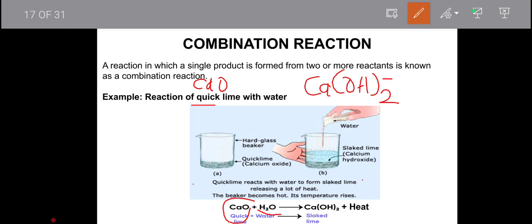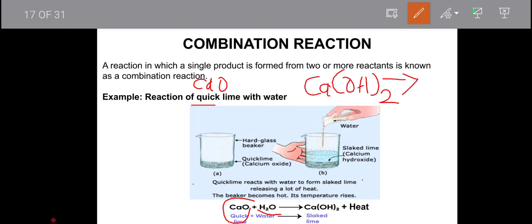This calcium hydroxide also has a common name. Calcium hydroxide is generally called slaked lime. So we can say that whenever quicklime is reacted with water, it will be forming slaked lime. Slaked lime chemically means calcium hydroxide. Along with that, heat is also evolved during this reaction. So this is how calcium oxide reacts with water.